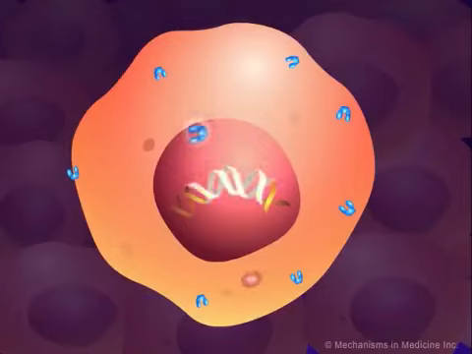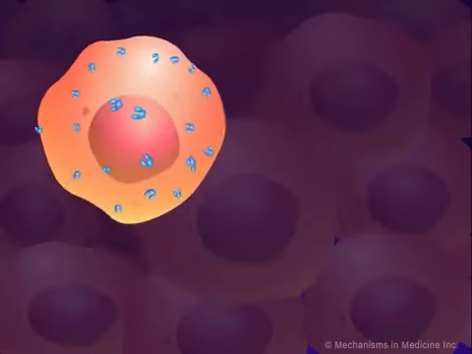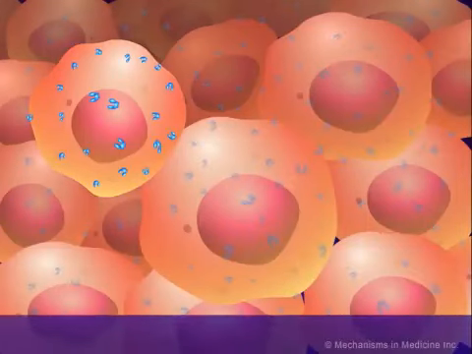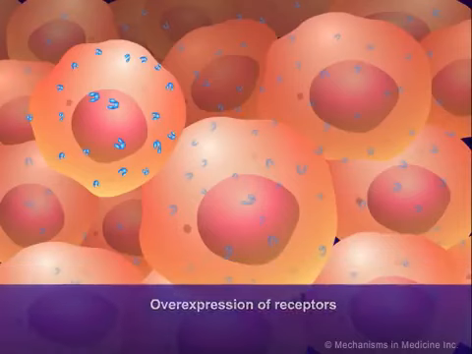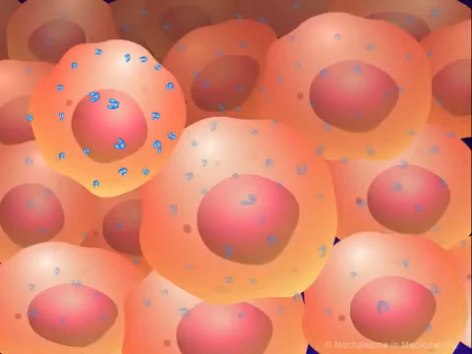This, in turn, leads to excessive transcription and production of receptors. The end result is a higher than normal number of copies, known as overexpression of the receptor on the tumor cell surface. This gives the tumor cell increased potential to be triggered into a growth phase by the binding of ligands to the excess receptors. The more receptors expressed, the more binding sites are available for the ligands.